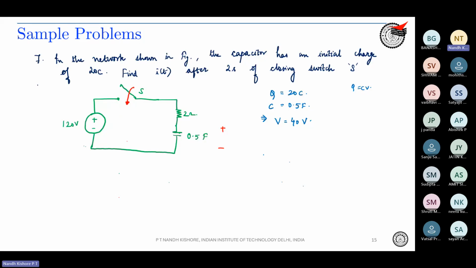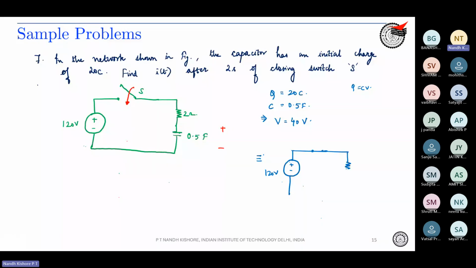Find i(t) 2 seconds after closing the switch is the question. So just redraw the figure so that you can understand it. You have 120 volts, the switch is closed, so directly I am shorting it.